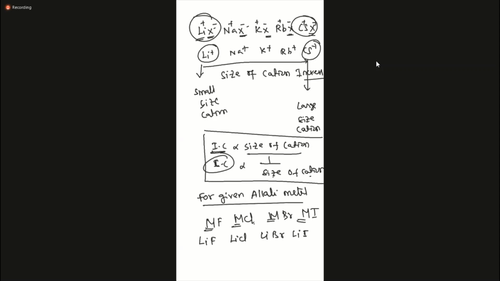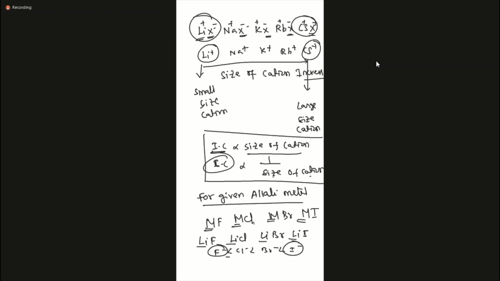Same thing, Li is common. Based on cation, you can't calculate. Based on anion, you can calculate: F minus, Cl minus, Br minus, I minus. Down the group, atomic size increases. Here, F minus is a small size anion, I minus is a large size anion.